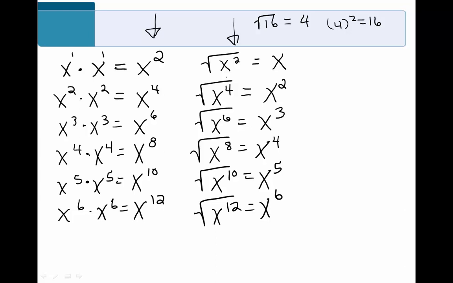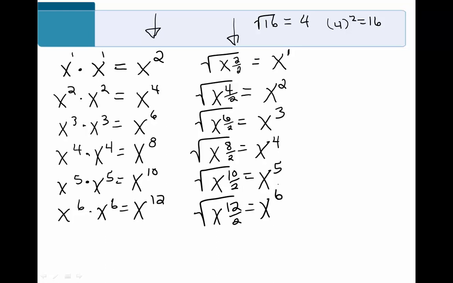And what you may notice in this pattern is that if you divide the exponent by 2, 2 divided by 2 is 1. 4 divided by 2 gives you this 2 on x squared. 6 divided by 2 is 3. 8 divided by 2 is 4. 10 divided by 2 is 5. 12 divided by 2 is 6.